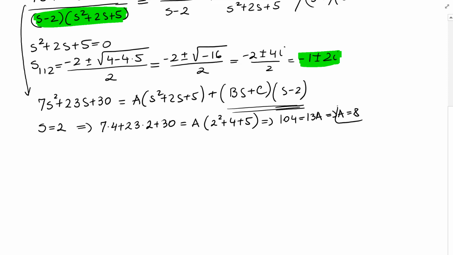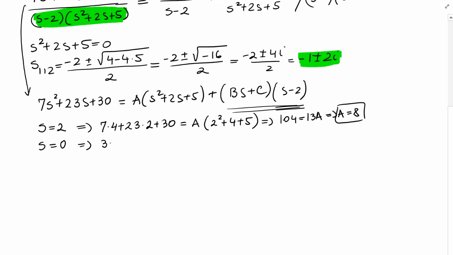Very important. Now, I could have chosen other values of s that make terms zero, but we don't have any real ones. So I'm going to say s equals 0, to choose the simplest number that I can to simplify my computations.